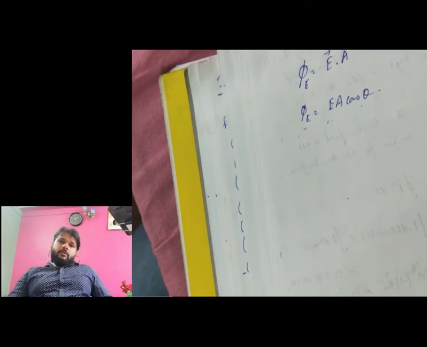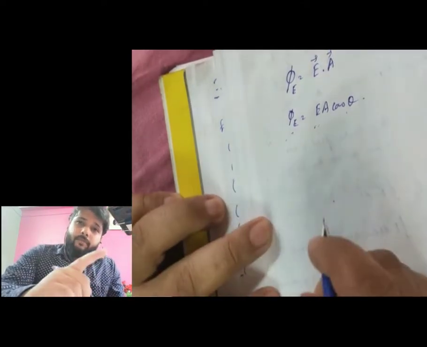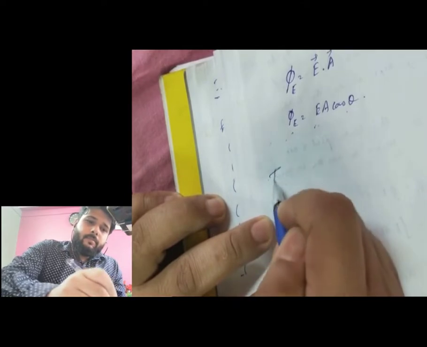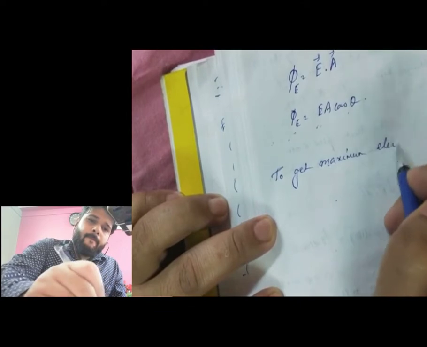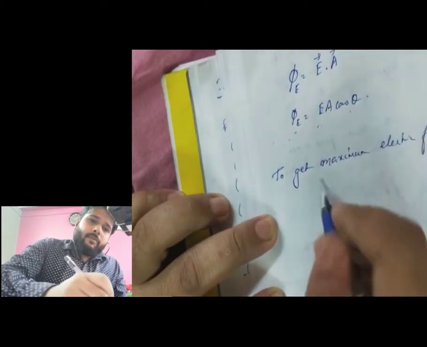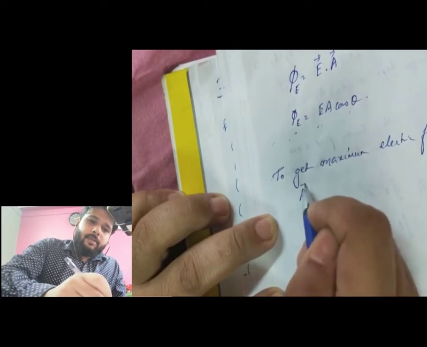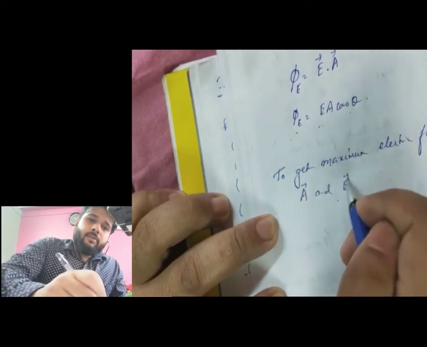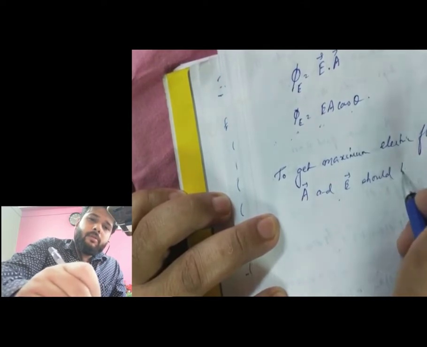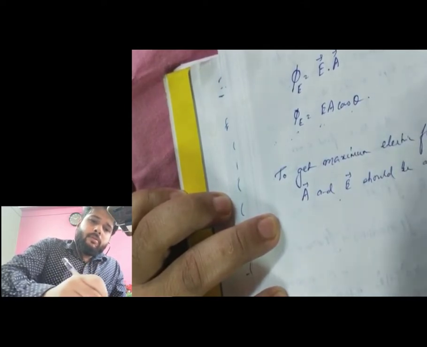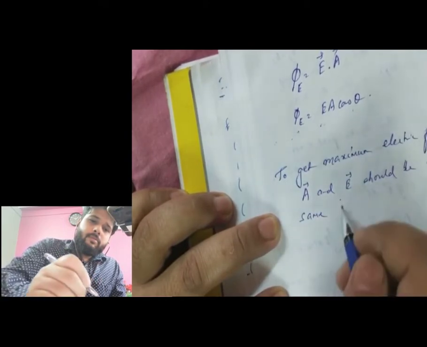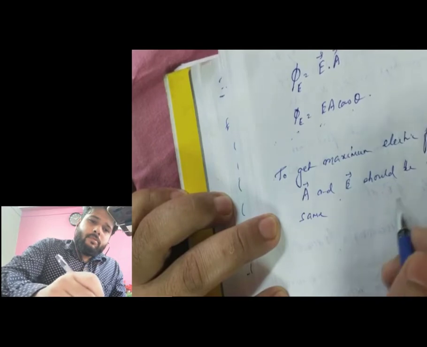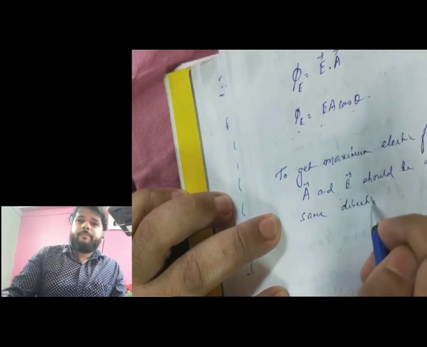One more thing: to get maximum electric flux, always remember the area vector and the electric field should be in the same direction.